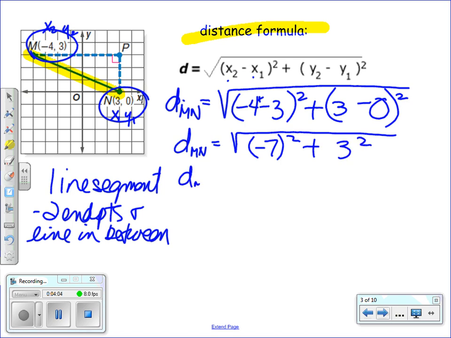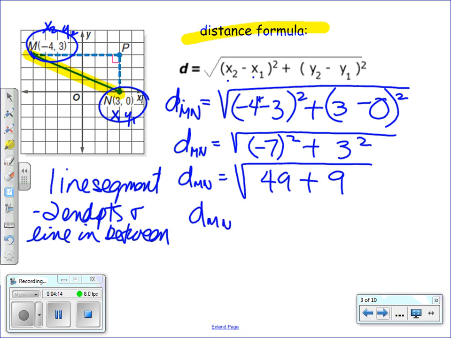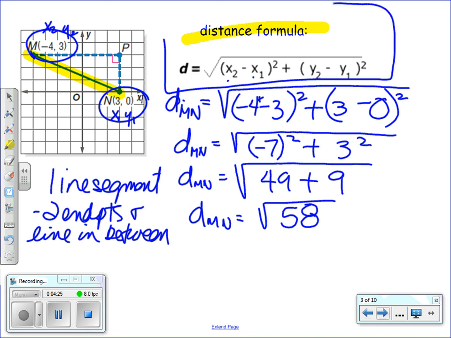So the distance of MN is the square root of negative 7 times negative 7, which is 49, plus 3 times 3, which is 9. So the distance of MN, as you can see, is the square root of 58. See how that's related to what we just talked about? This is the formula that we'll be using in this section, the distance formula.